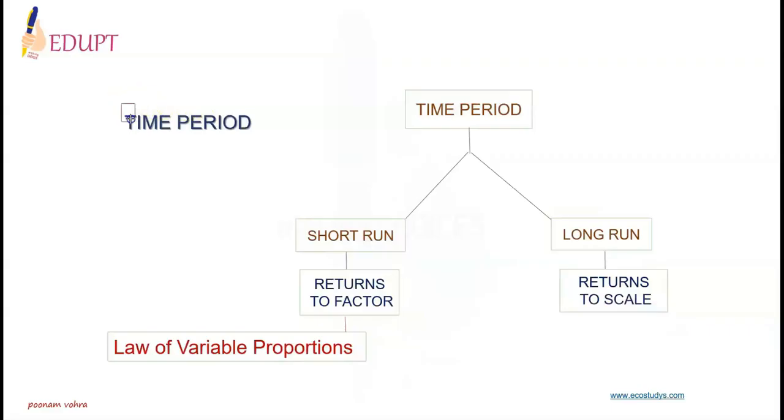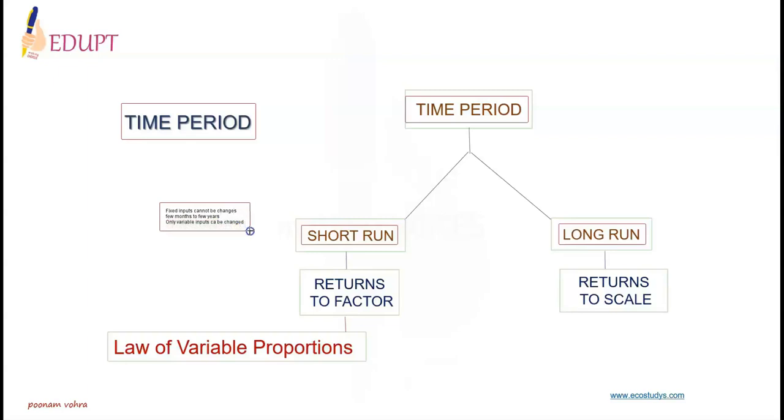Time period. As inputs are divided into fixed and variable, the time period over which production is carried out is correspondingly divided into short run and long run. Short run is a time period ranging from few months to few years over which fixed inputs cannot be changed.